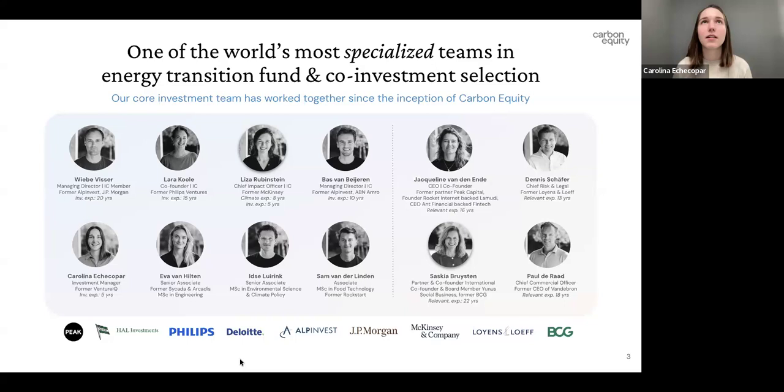And then the second reason goes more towards specialist knowledge, because when we do our diligence on a fund, given we are such a specialist investment firm, we go a bit deeper probably than a generalist LP into the technologies that a fund is investing in, whether we think those are important for the energy transition, but also we try to really test a fund on whether they understand the sectors that they're investing in.